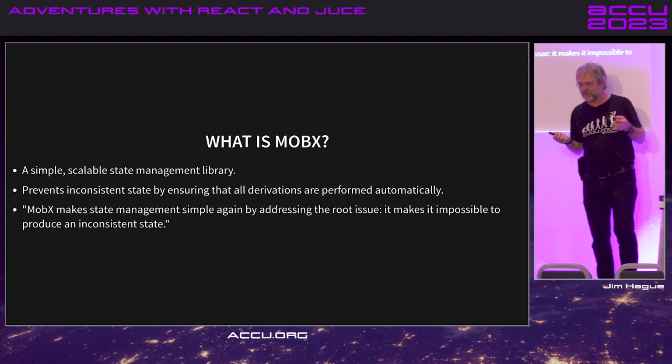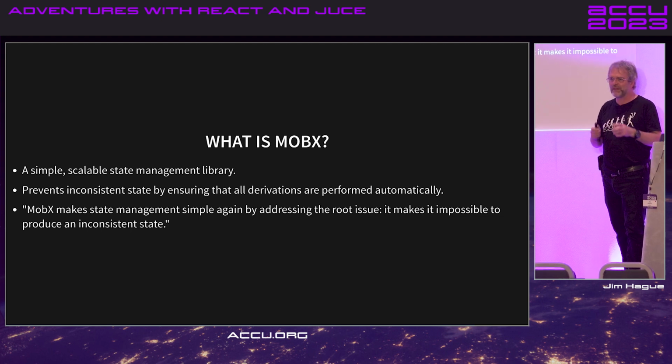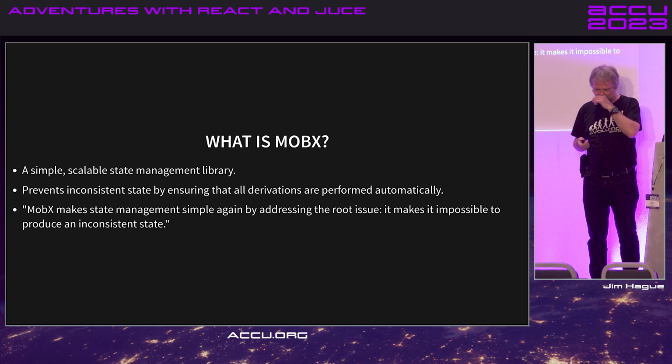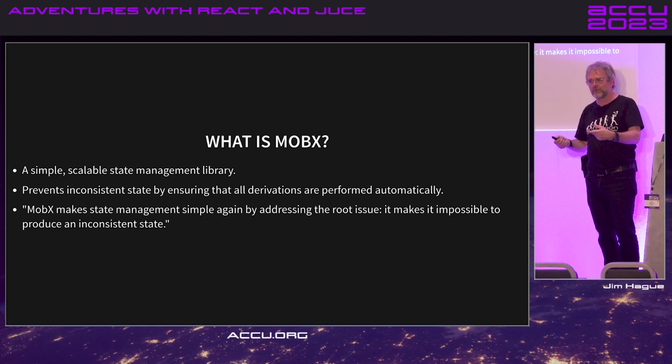In their own words, it is a simple, scalable state management library which prevents inconsistent state by ensuring all derivations are performed automatically. So it has this concept of derived or calculated values. Calculated ones are calculated off existing values. Derived ones, you have to go and call something to find out what they are.